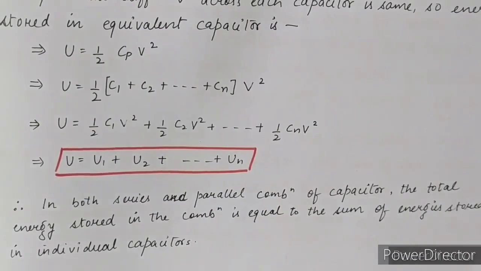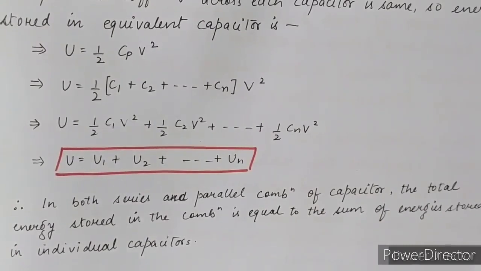Now only the last two topics remain in this chapter. I hope that in tomorrow's lecture, this chapter number 4 will be completed. If you have any doubts or queries, you may ask, because afterwards we will start our next chapter, the 5th chapter, electric current.